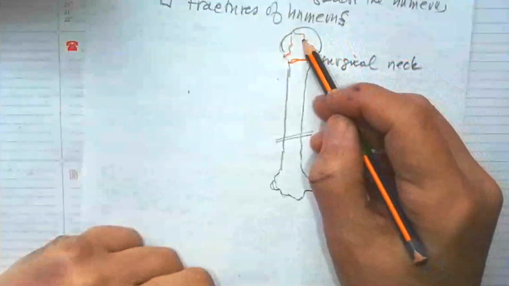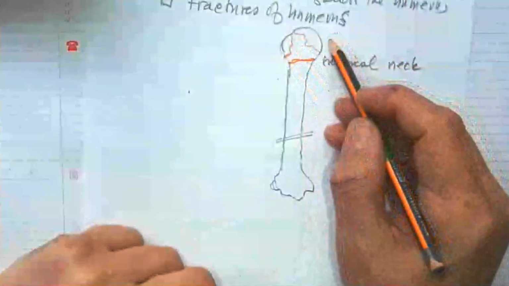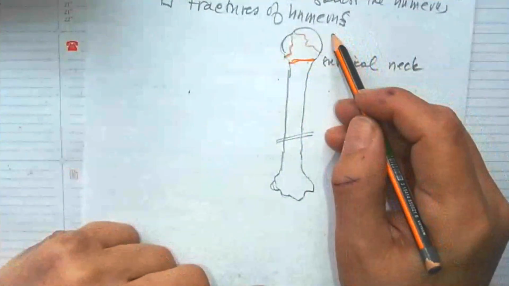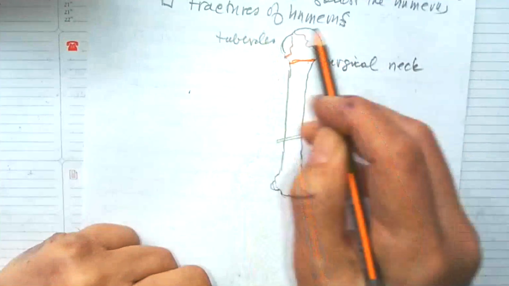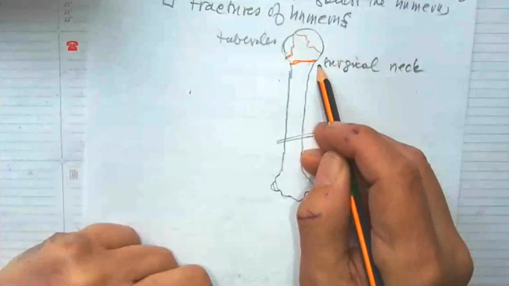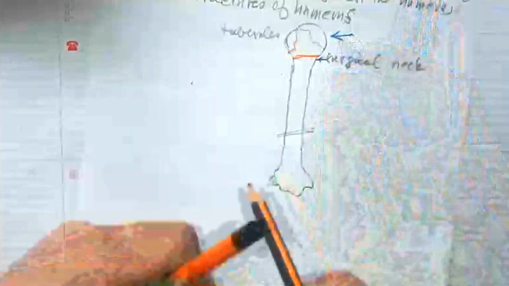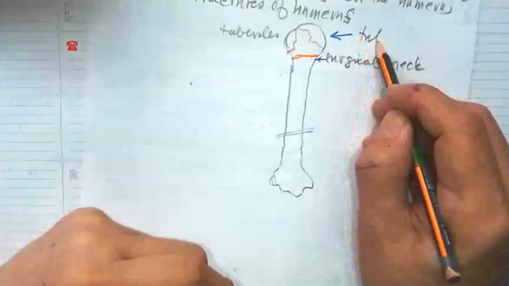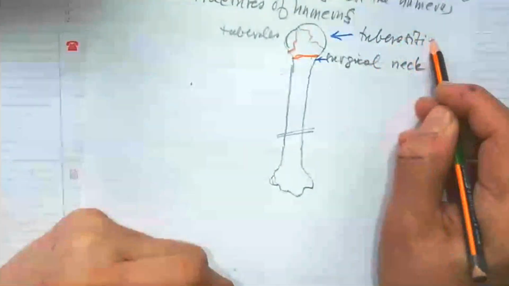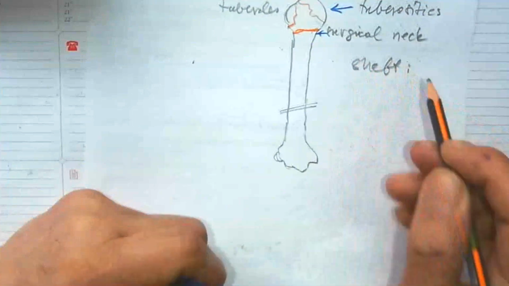That means here following the anatomical neck, but also the greater tubercle, even the lesser tubercle, not trochanter, tubercle. We can add also an arrow, and also at this level an arrow. So these are in the proximal end the tuberosities. Tuberosities could be fractured. Then in the shaft, we could say shaft or diaphysis.